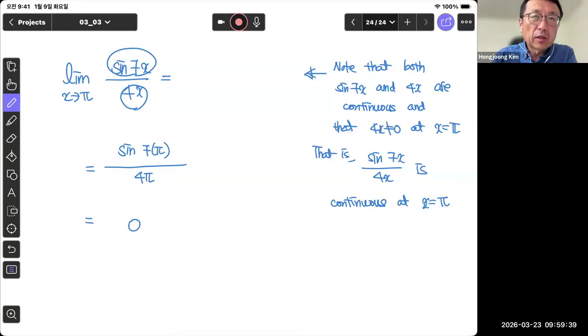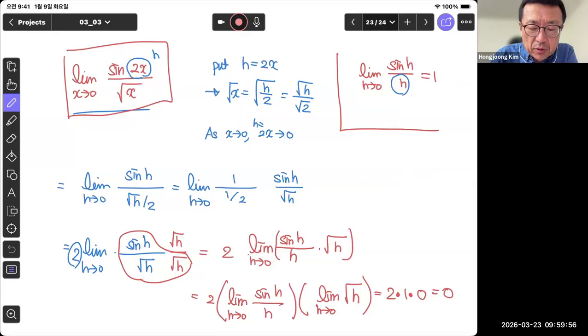So the previous formula is applicable only when you consider the limit of sine h over h as h goes to 0. The previous formula considers the limit as h approaches 0, not another value.